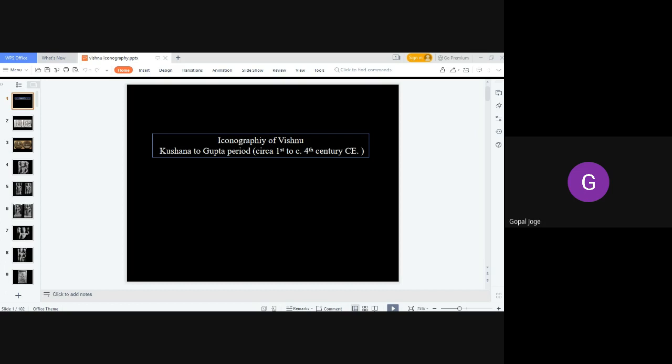And it was the same time when the Chalukyas of Badami, around the beginning of the 6th century CE, took power in the Deccan region, and in their respective area, Vaishnavism is found important.